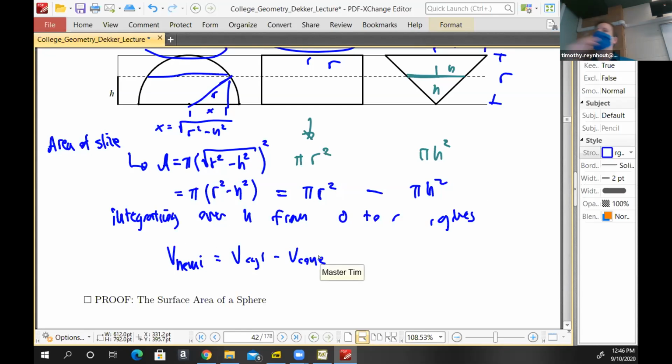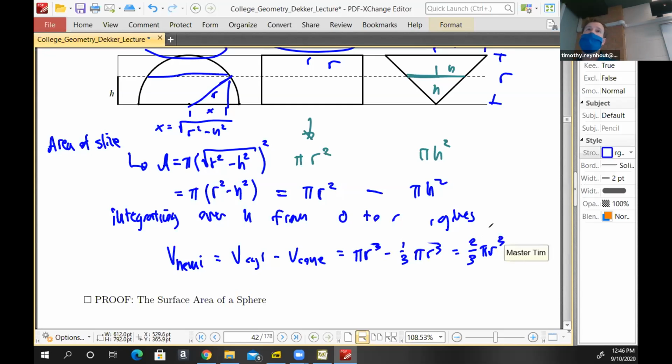So with this understanding, we're not actually doing any calculus, we're just recognizing that calculus would give us that the volume of the hemisphere is equal to the volume of the cylinder minus the volume of the cone. And that, of course, is pi r cubed minus 1/3 pi r cubed, giving us 2/3 pi r cubed.